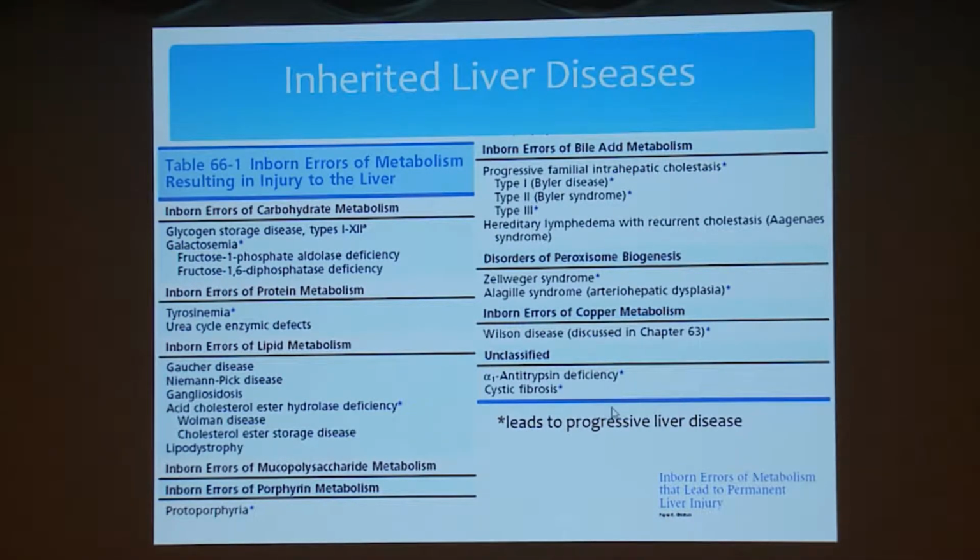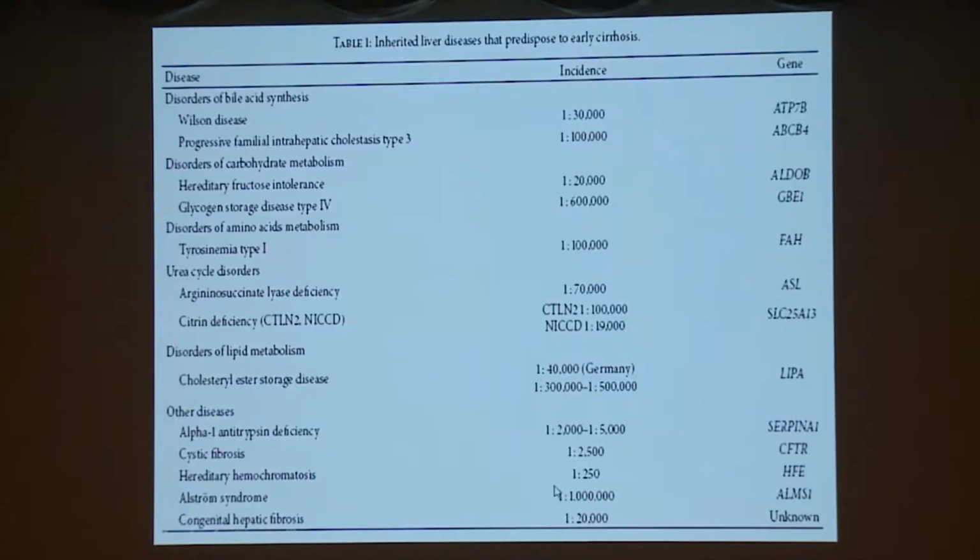Occasionally we may see 1 or 2 in a decade, but it is really very rare in the Asian population. So the incidence, you can see, is all rare. By definition, less than 1 in 2,000 is classified as a rare disorder. But bear in mind that these incidences are based on case finding data.